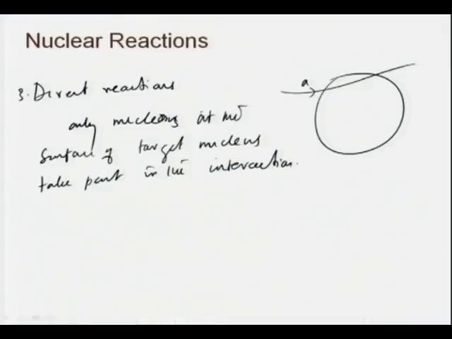Typically, for the compound nuclear formation, the projectile will spend some time with the target nucleus, and therefore the reaction time is much larger compared to the direct reaction, where it comes and interacts quickly with the neutrons or protons at the periphery, at the surface, and then goes away. So, such reactions are quicker compared to the compound reactions.